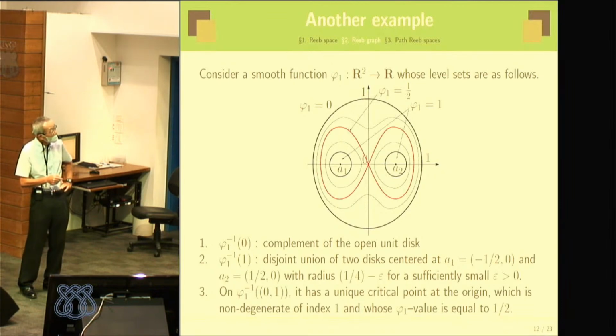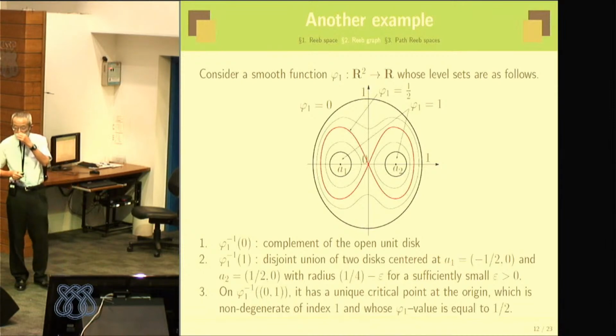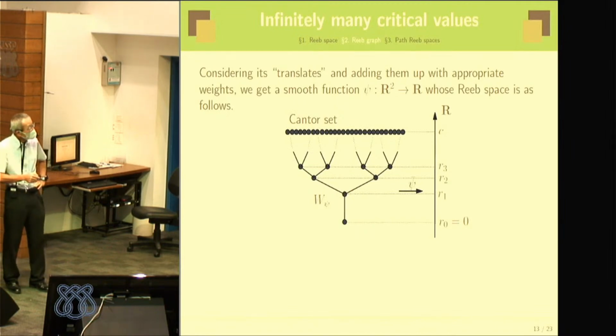So you have two mountains, and on top of each of the two tops, you put two mountains, and then on top of the 4 mountains, you put 2, and you continue this. And then what you get is a Cantor set.